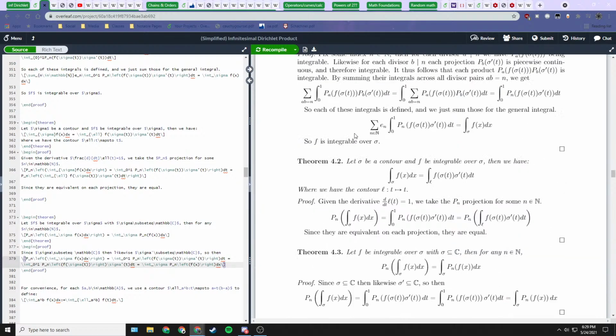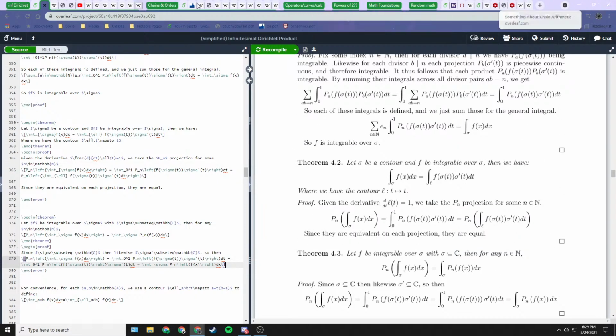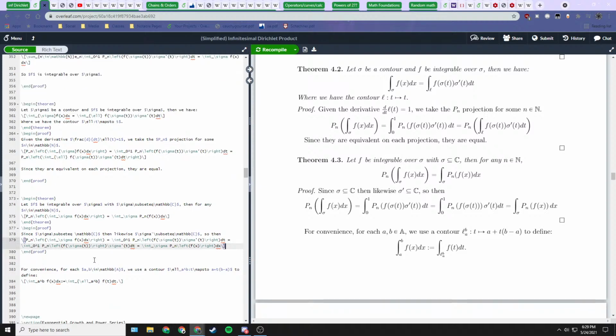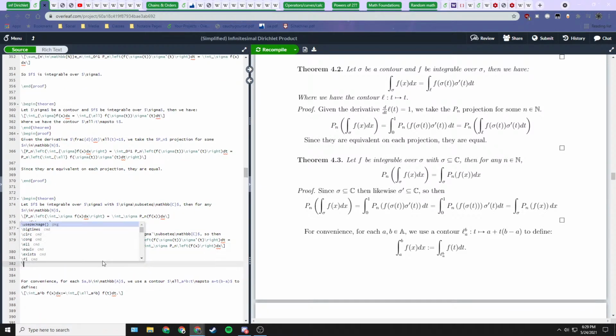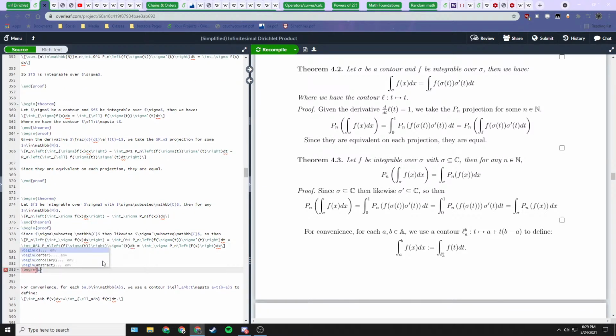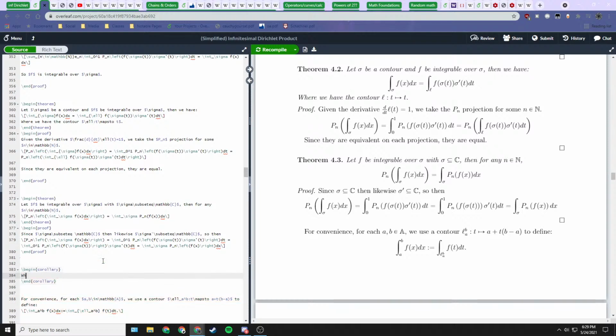So we can actually add, if we would like, a corollary here. We can say where L maps T to E, identity.